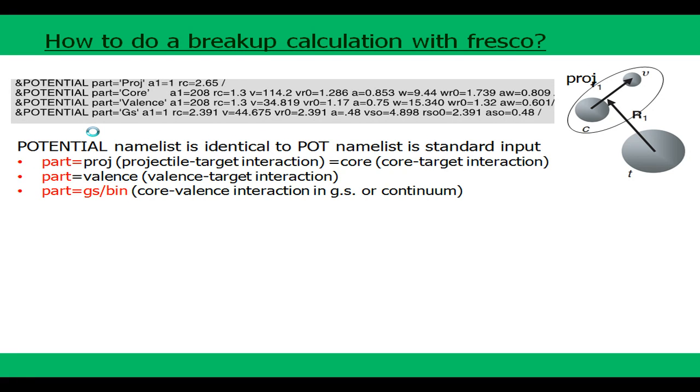But if you want to have a different formulation for the system in the continuum, which very often is needed, because a simple prescription like a single particle model is not able to reproduce all resonances, and if you want to reproduce a resonance you might have to readjust the interaction. So if something like that is needed, then you can add lines to specify that, like a bin option.